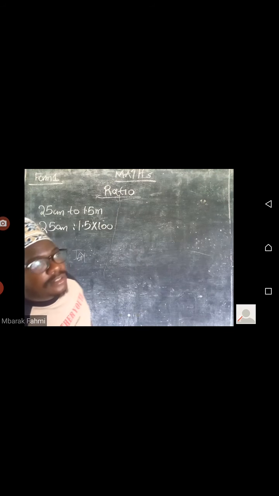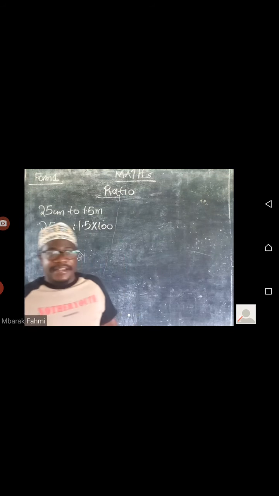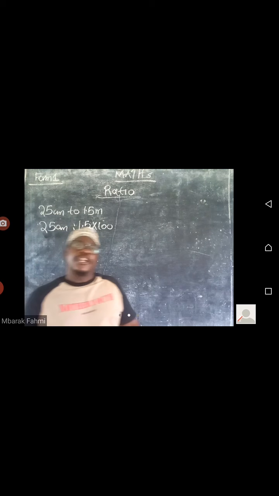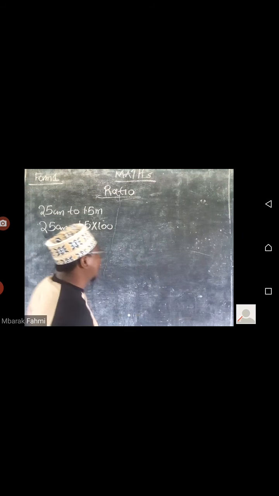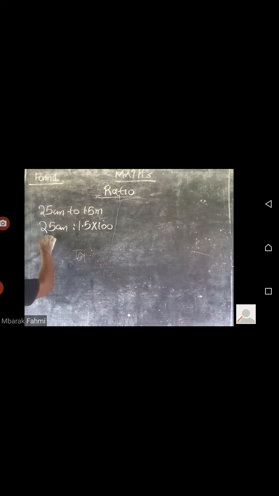Centimeters to meters, you divide by 100, and meters to centimeters, you multiply by 100. So this now is going to give us 25 centimeters is to, the decimal place will go, and we are going to have 150 centimeters.